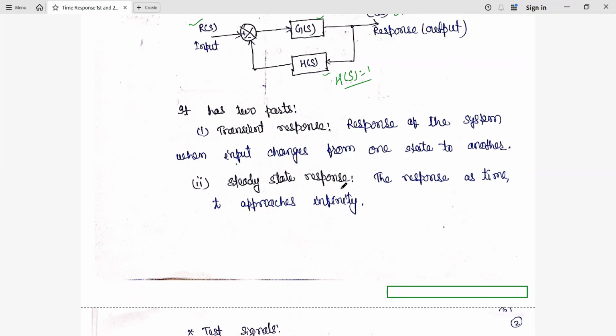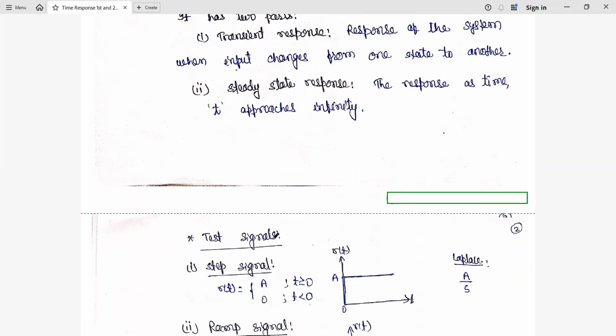Whereas the steady state response is the response as the time t approaches infinity. We start the function with t equal to 0, and finally when the t value becomes very large, approaching infinity, we are able to obtain the steady state, meaning after that the response is not going to change. The same nature will keep repeating.